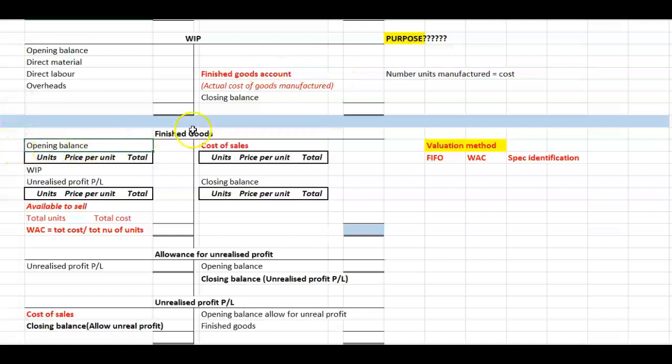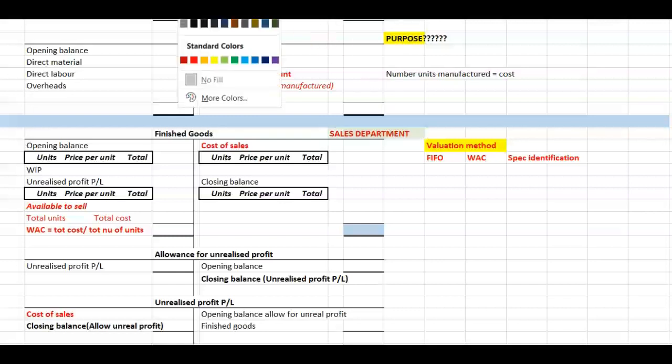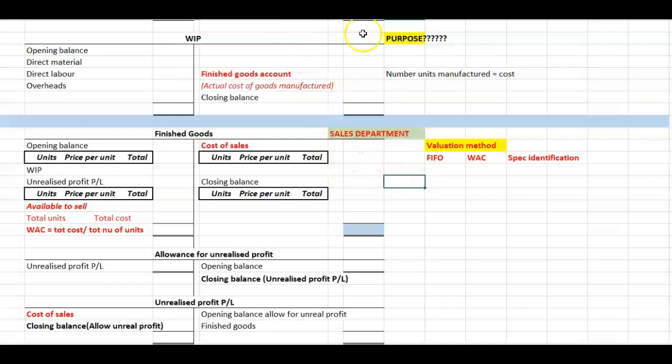So that means out of the perspective of the sales department, the cost price of the goods that they have received is no longer the actual cost associated with the production of those units, but that would be the actual cost plus the unrealized profit component.